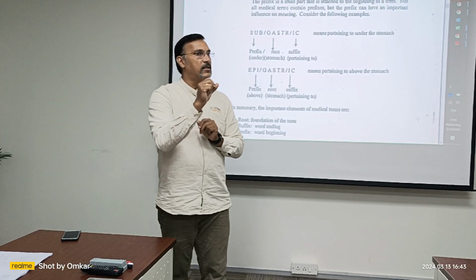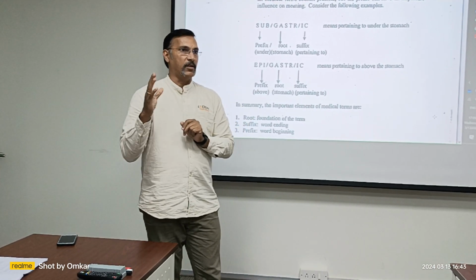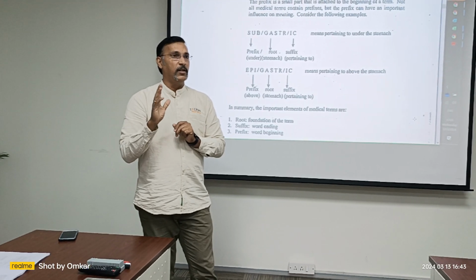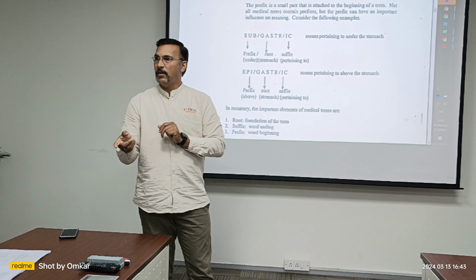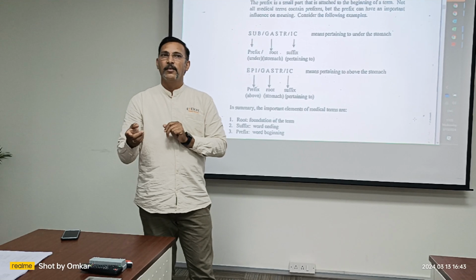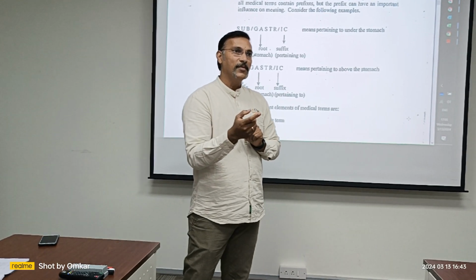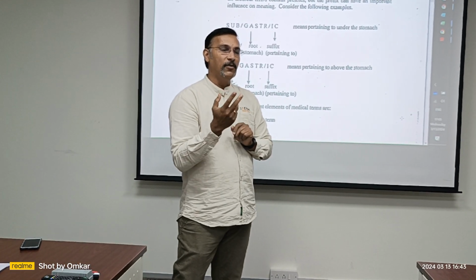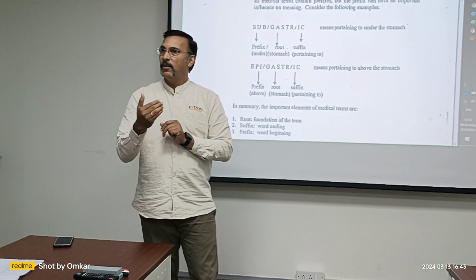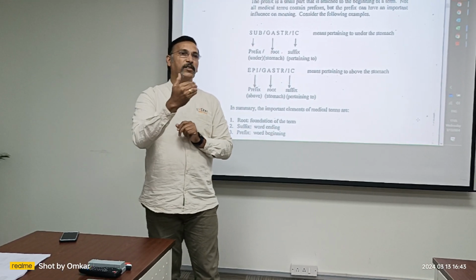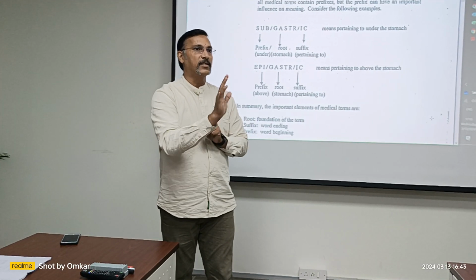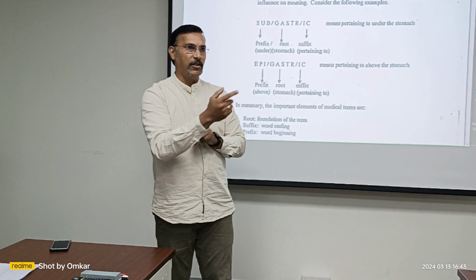Sorry, gastro is stomach. Pertaining to stomach, gastric. Now why is it not gastro-ic? Because the suffix starts with a vowel. That's why it is gastric, not gastroic. Did you see that rule?